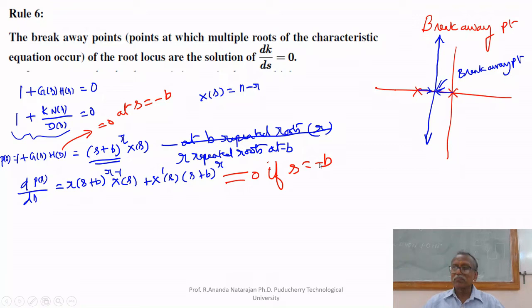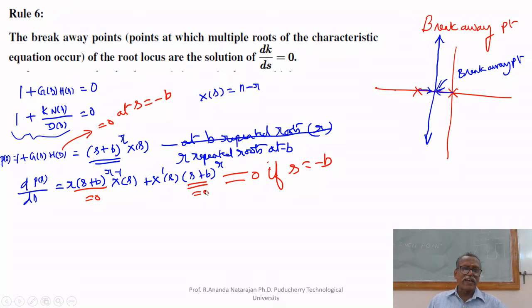If you substitute s equal to minus b, this also becomes 0. So if the characteristic polynomial is 0 at minus b, its derivative is also 0 at minus b. That's why we can differentiate the characteristic polynomial and equate it to 0 to find the repeated roots.